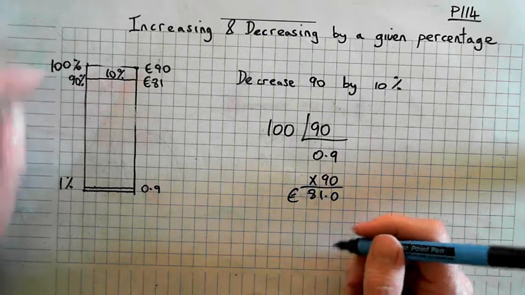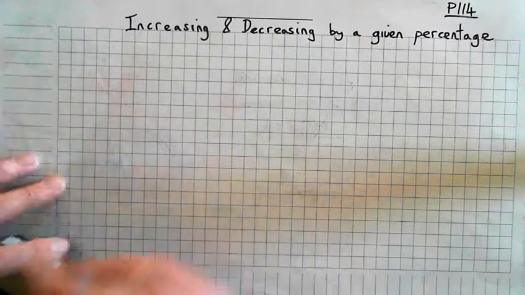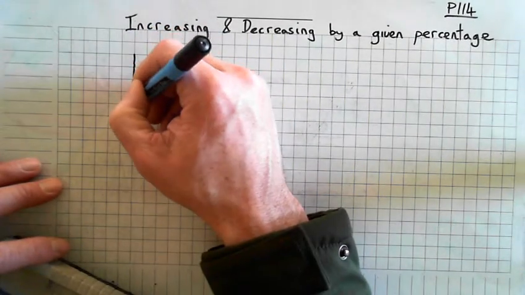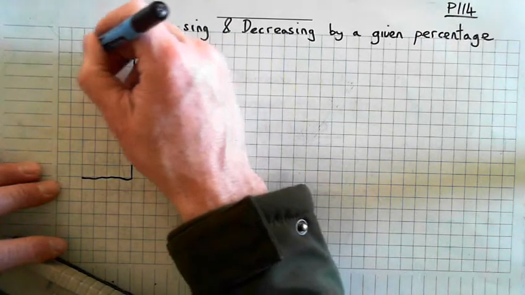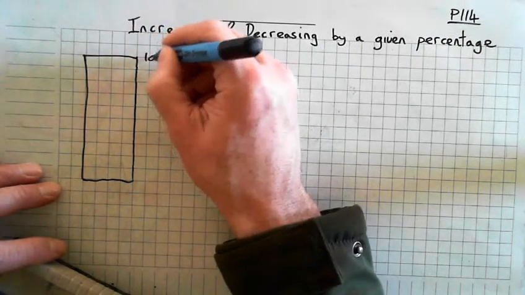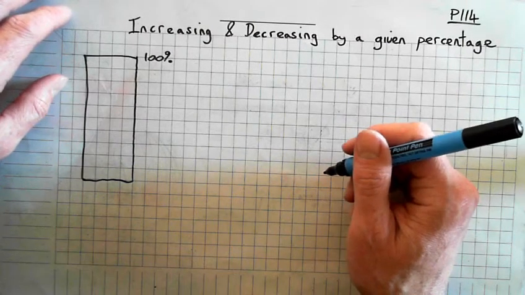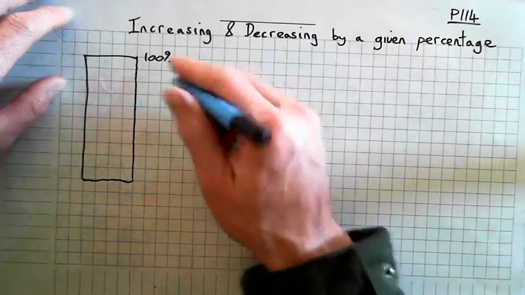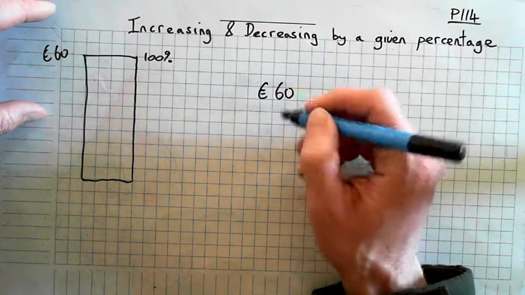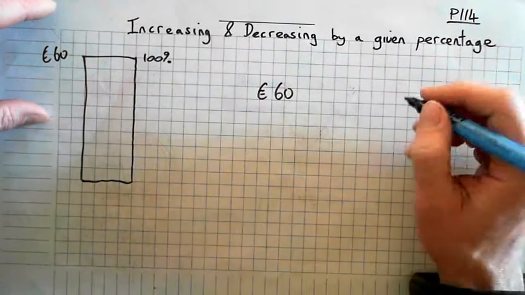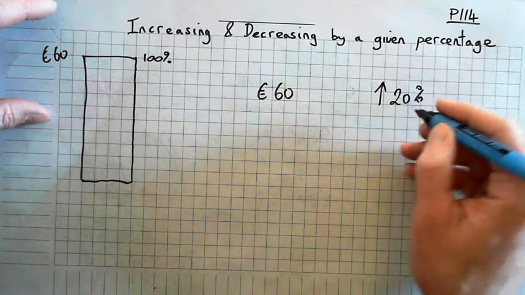Okay, so a couple of other examples. We have €60, and we want to increase it by 20%.